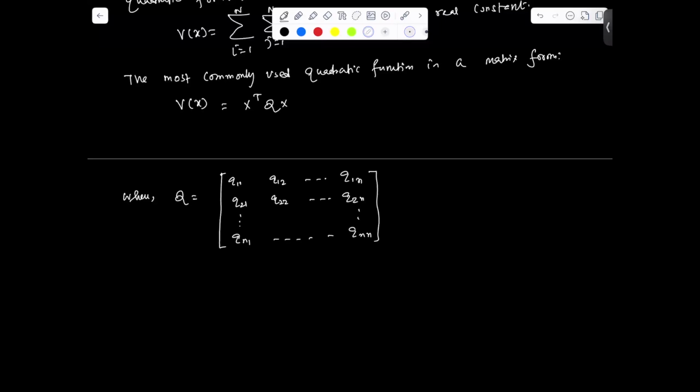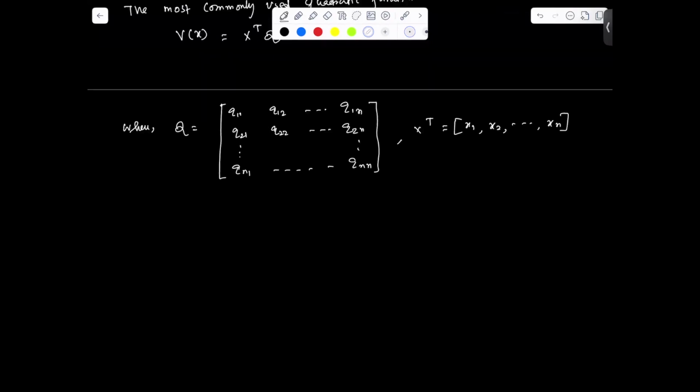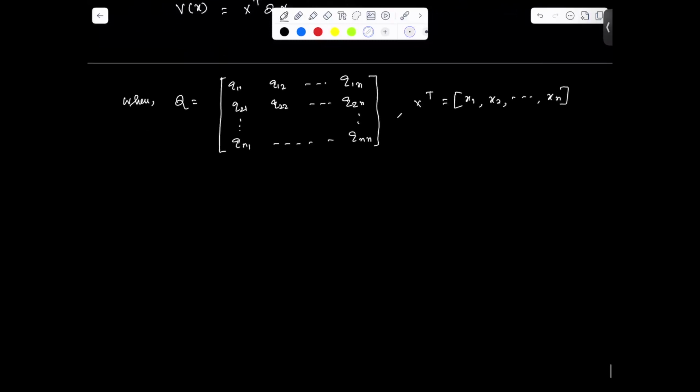This is the matrix, and x transpose is nothing but x1, x2, ..., xn.